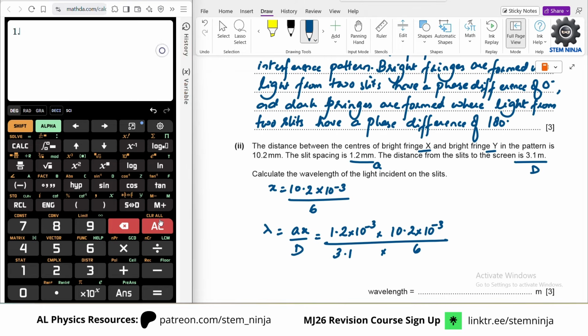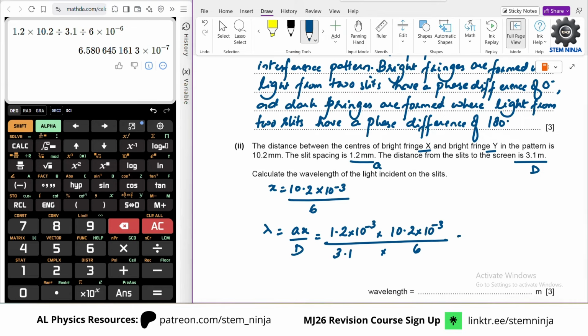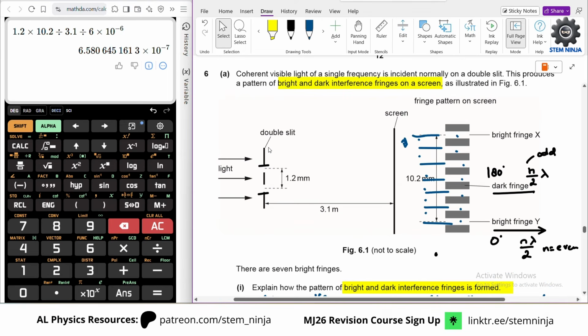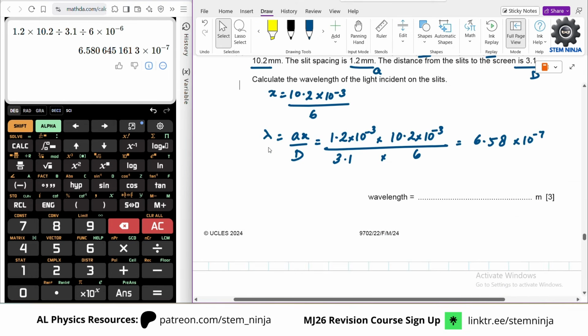So 1.2 times 10.2 divided by 3.1 divided by 6 times 10 raised to power minus 6 gives 6.58 times 10 raised to power minus 7. We have 3 significant figures also in this, but mostly 2, so just 2. We can say 6.6 times 10 raised to power minus 7.